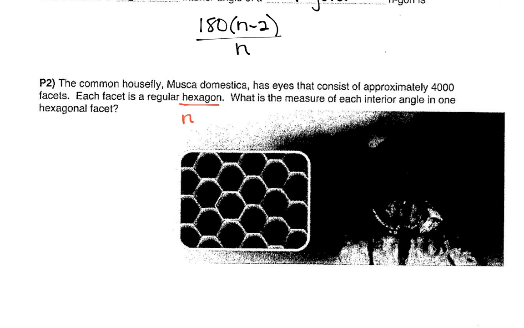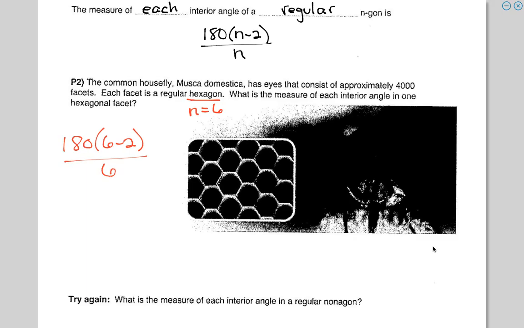That means that n equals 6 for a hexagon. So 180 times 6 minus 2 divided by 6. That's 180 times 4, which is 720. So 720 is all the interior angles added up, divided by 6. Since they're all congruent, that gives us 120 degrees apiece.